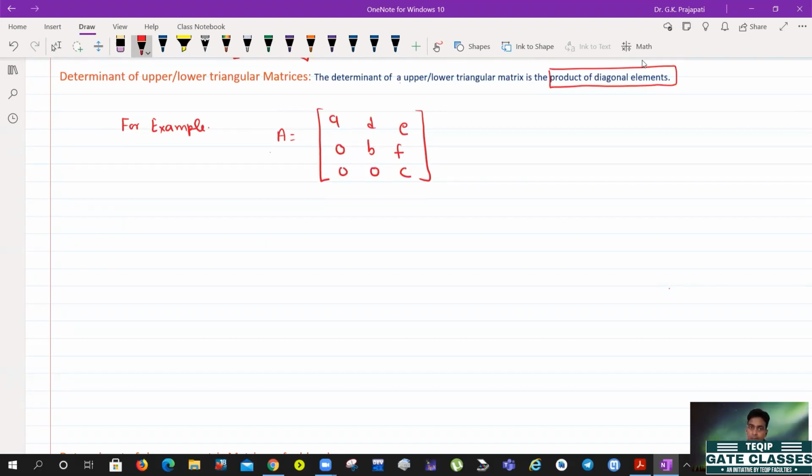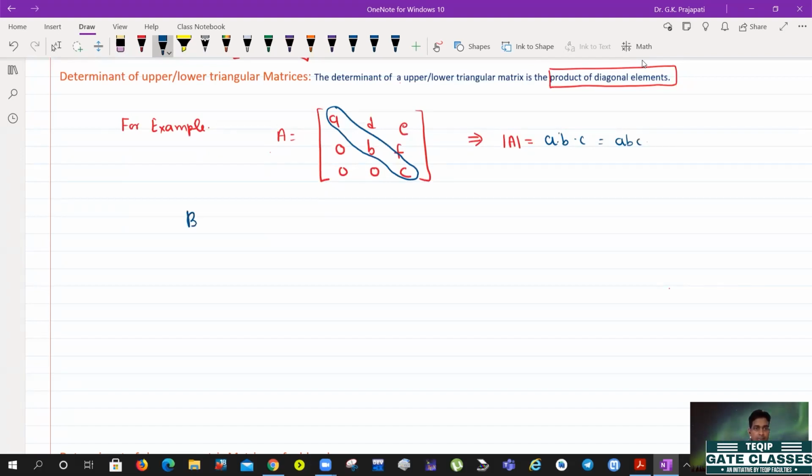So we can take 0 here. This is an upper triangular matrix and its determinant will be the product of its diagonal elements, that is a dot b dot c.